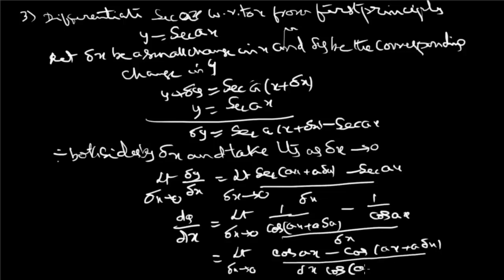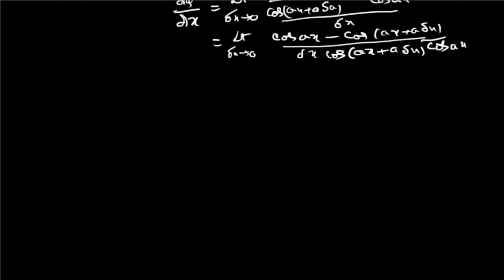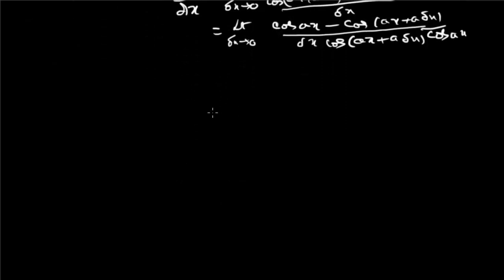Cos ax plus a delta x into cos ax. Now the numerator is what? Cos c minus cos d equals 2 sin of c plus d by 2 into sin of d minus c by 2.